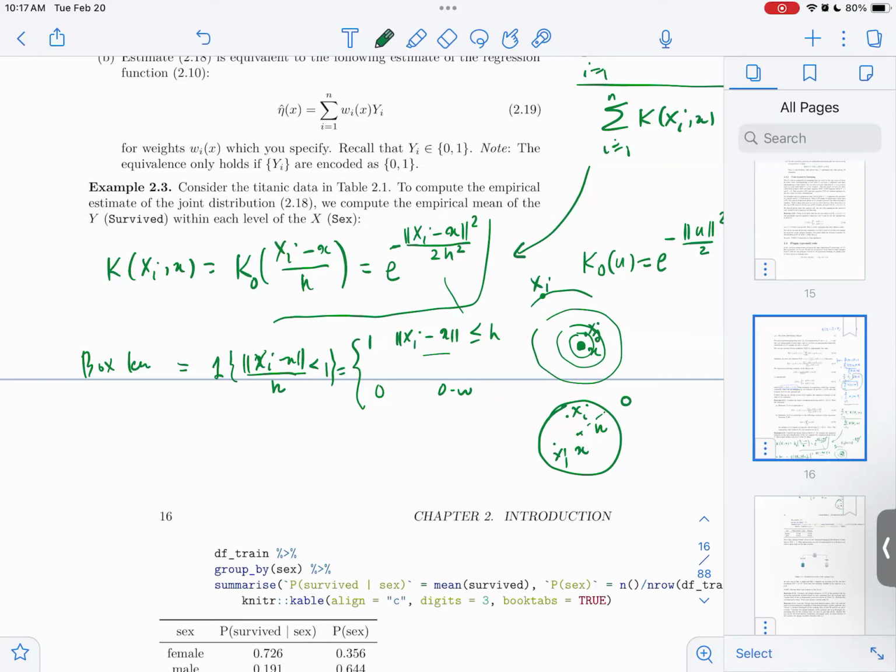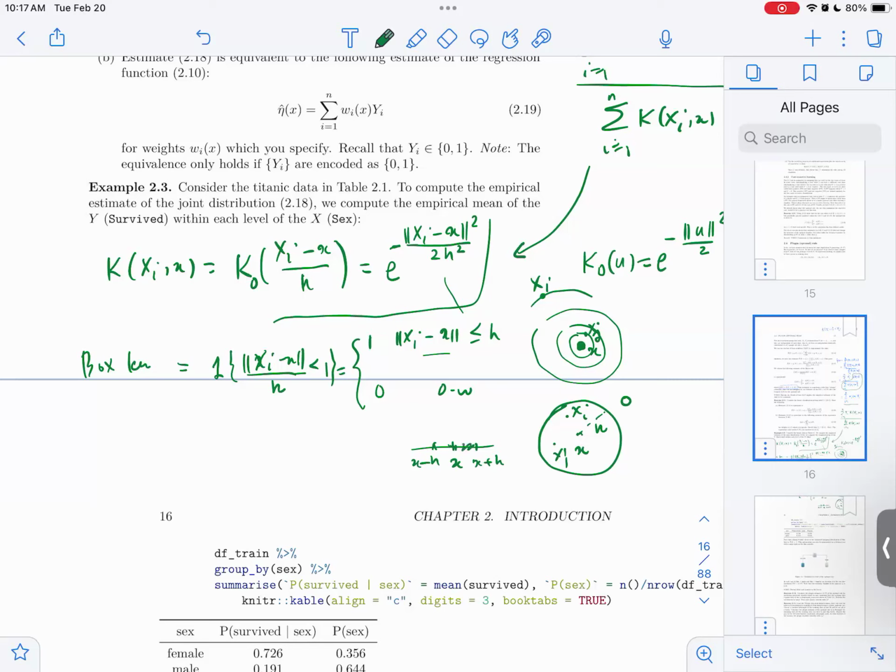In 1 dimension, it would be just an interval. So you get an interval of side length 2h, from x minus h to x plus h.